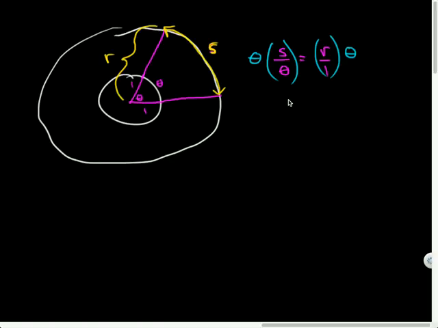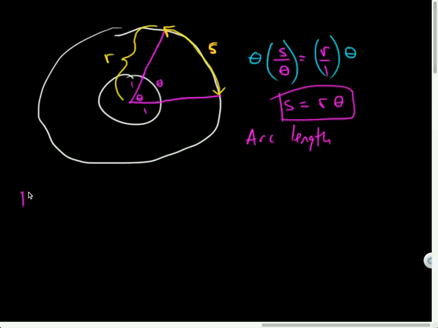What we end up with is S is equal to R times theta, and that's a formula for arc length. All I do is multiply my radius by theta, not in degrees. It will fail if you use degrees, but in radians.